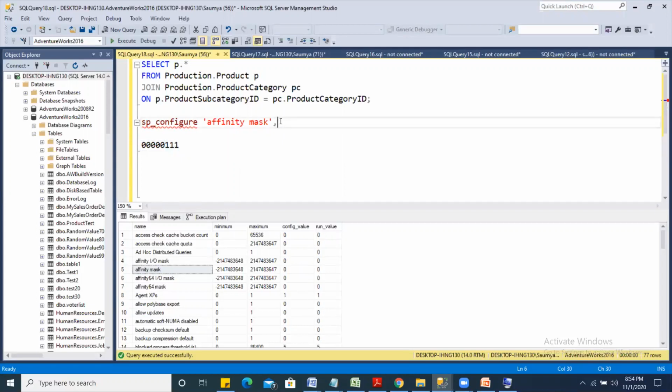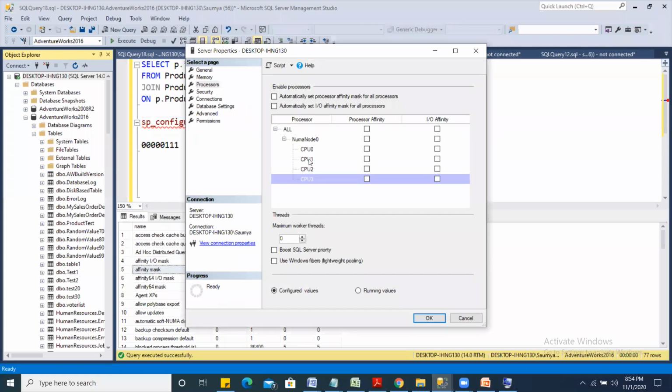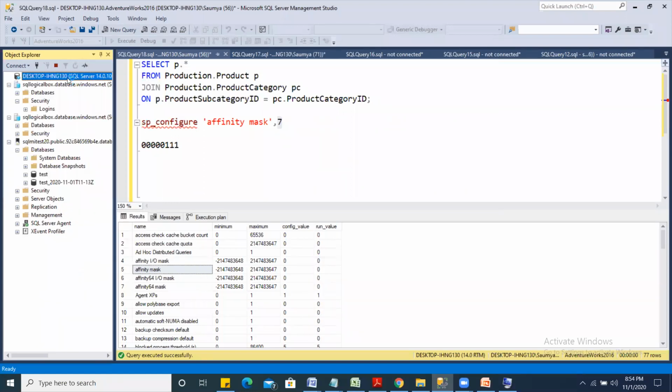Who asked this question? Yeah, Chandrasekhar. So Chandrasekhar, are you getting it? Yeah, I'm getting it. So I have specified the value for affinity mask as 7 here. Let us confirm it through the GUI right now. It is set to automatic now. Let us check it by refreshing.